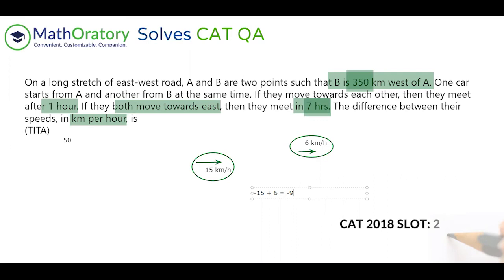If it is reducing by 9 km every hour, we can say the relative speed of the faster car with respect to the slower car is 9 km/h. With respect to the slower car, the faster car is reducing the gap to it by 9 km every hour.